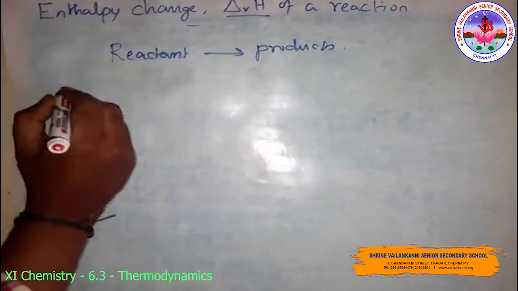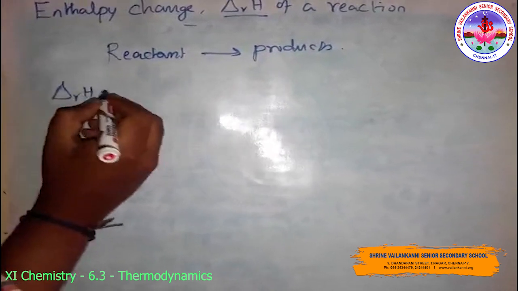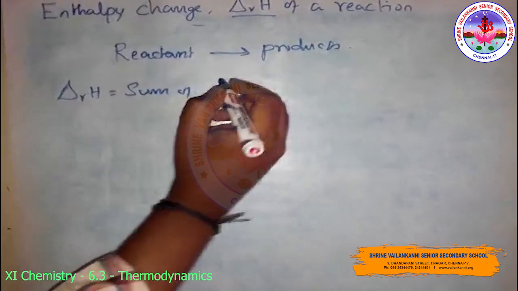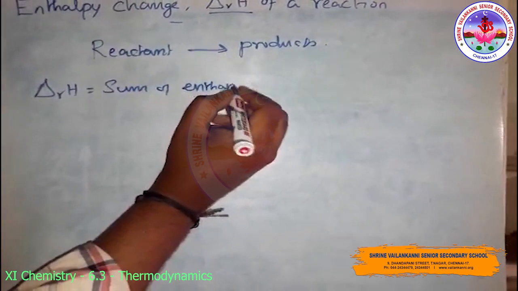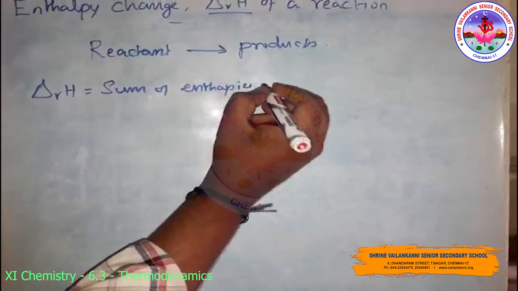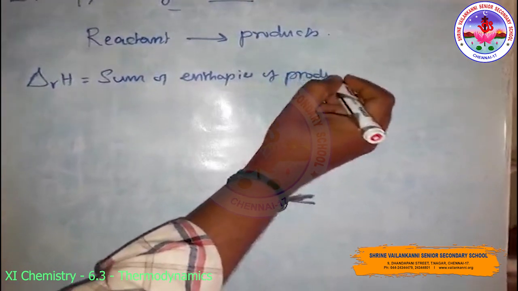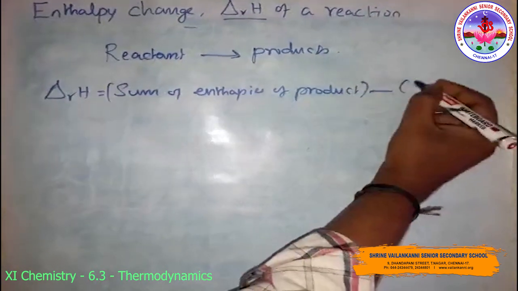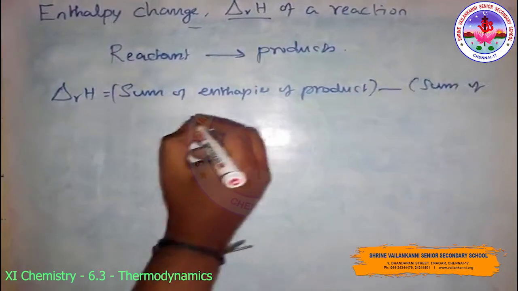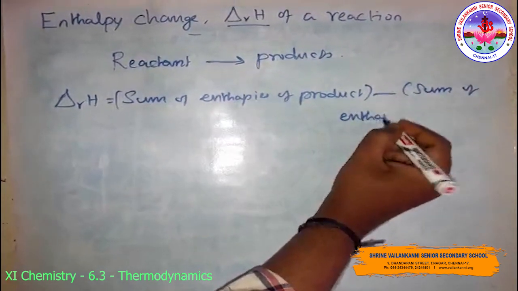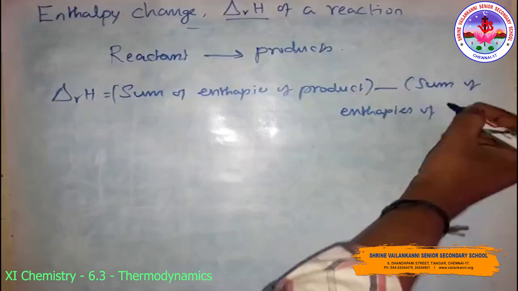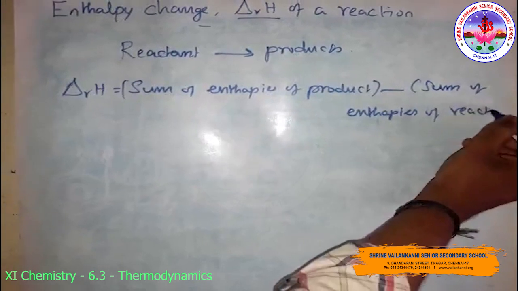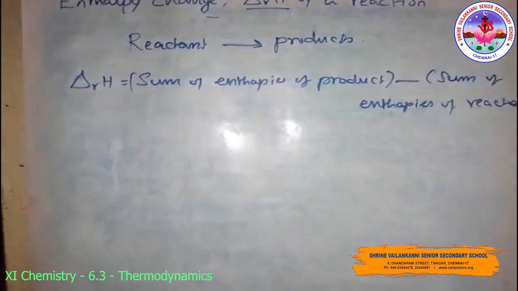Now the change in enthalpy, delta H, is equal to the sum of the enthalpies of products minus the sum of the enthalpies of reactants.